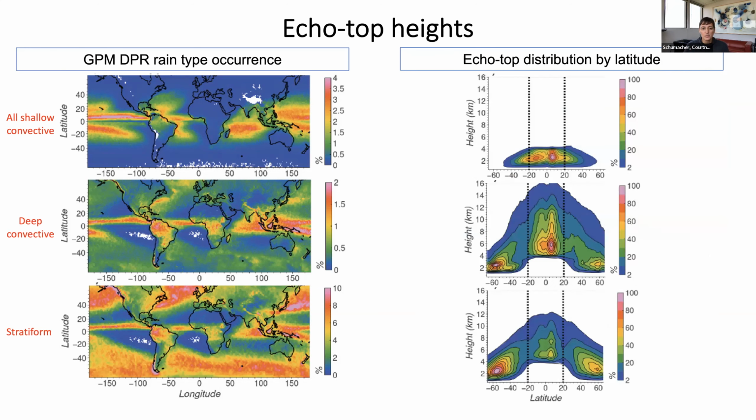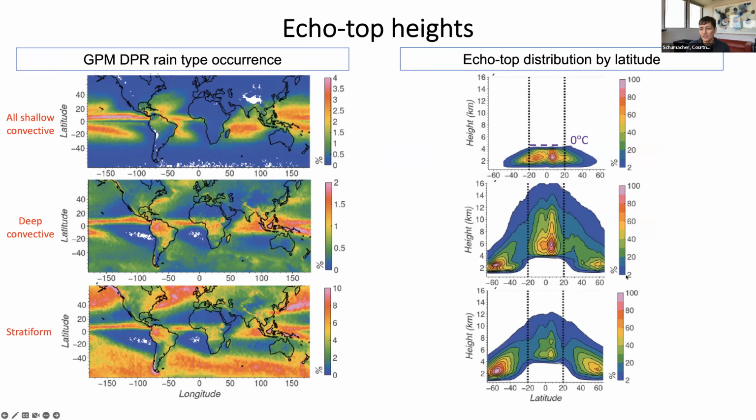So now I just want to focus on the echo top distribution that goes with each of these. This is by latitude. Again, this is echo top, not the exact cloud top height. And so this is where you can see that all the shallow convection that we've grouped in here is just warm. So it's below where the 0 degrees Celsius level is, whereas the deep convection can extend up.